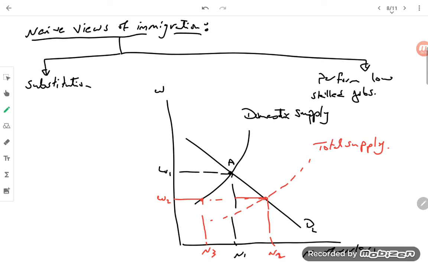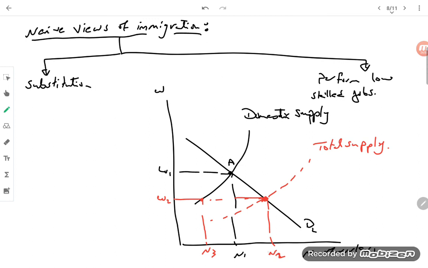These are the number of workers actually employed, at a wage W2, which is lower than the equilibrium wage in the case of the domestic supply curve. This is the total employment level, which is N2.